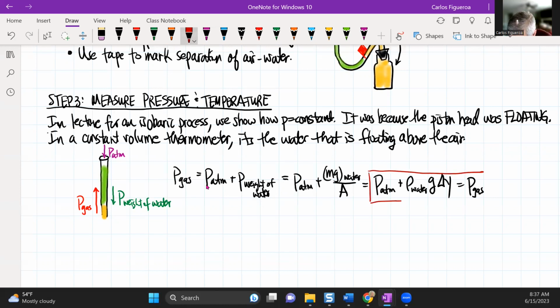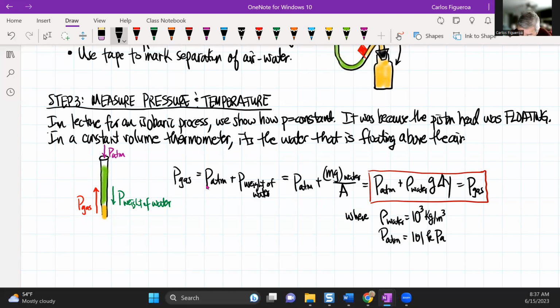This is how we want to measure pressure, where the density of water is 1,000 kilograms per meter cubed. Of course, g is the acceleration due to gravity, and we want to keep the atmospheric pressure in kilopascals, so it's going to be 101 kilopascals.